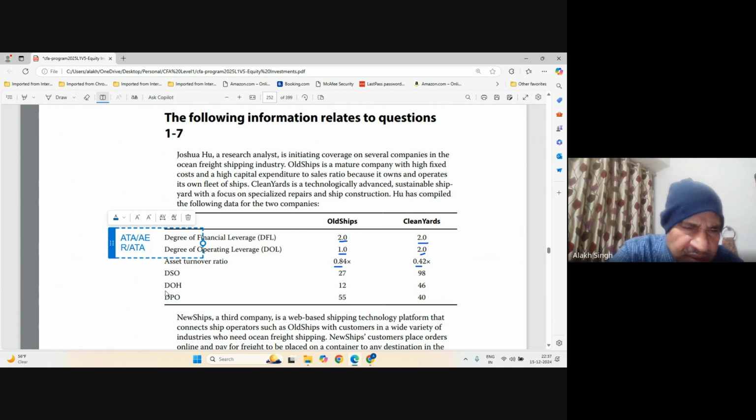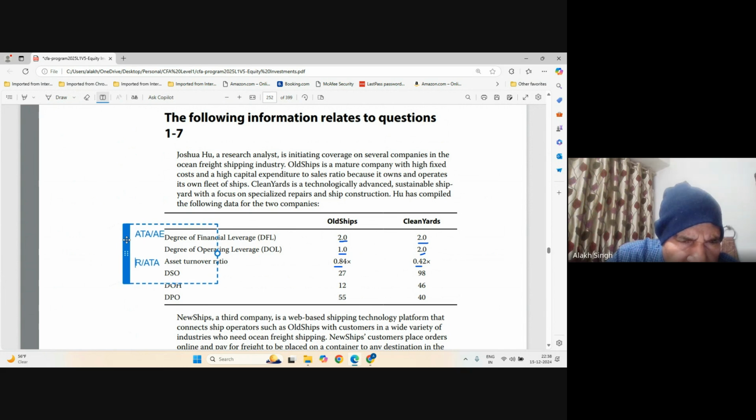Then only they will cancel, no? And then R, net income by R. So asset turnover. Oh, this one is actually asset turnover.